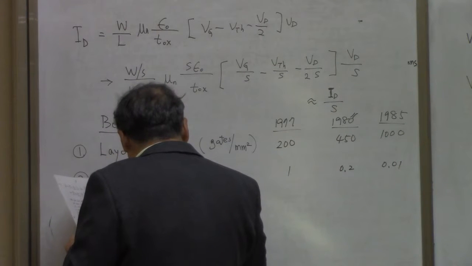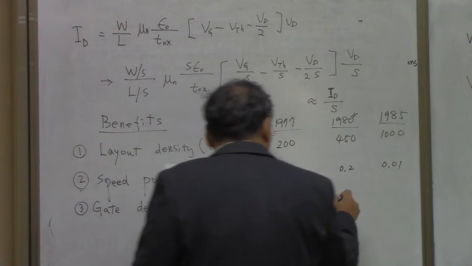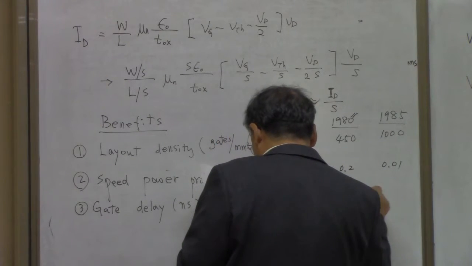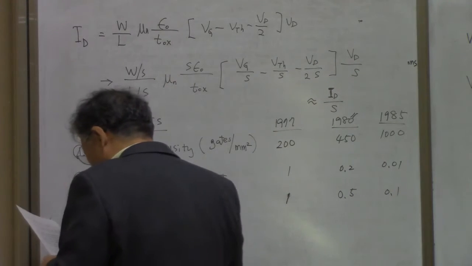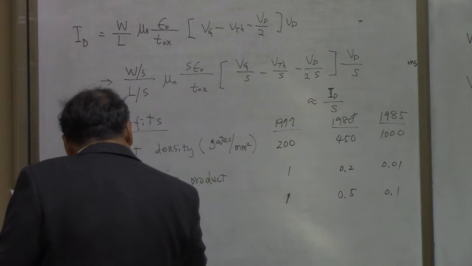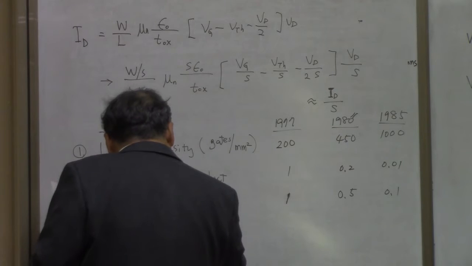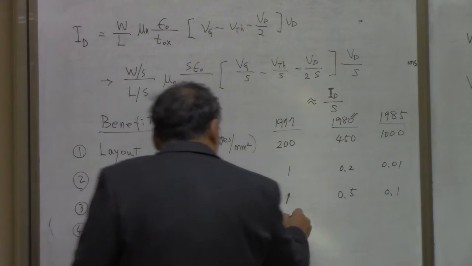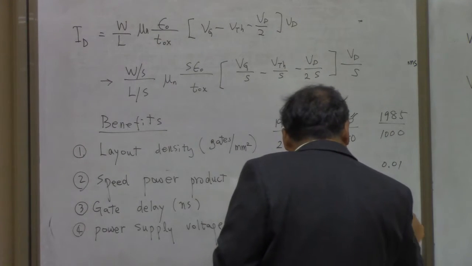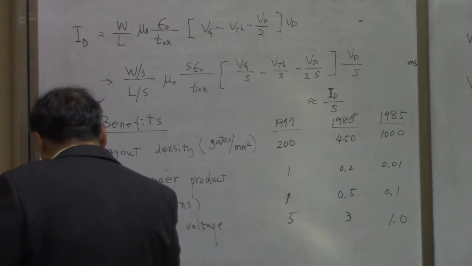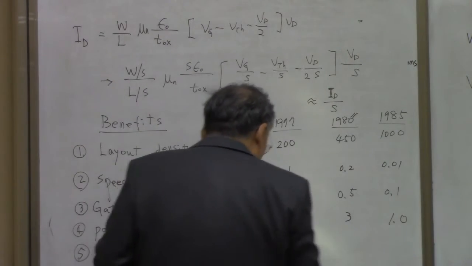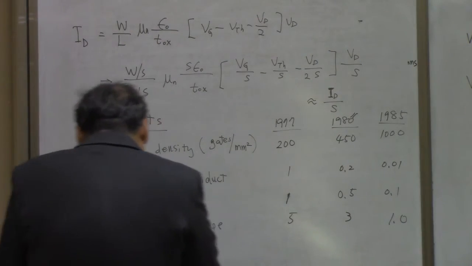Gate delay, 0.5, 0.1. Power supply voltage, 5 volts, 3 volts, and so on. Obviously, these days the power supply voltage is not going to go down to 1 volt. I think it's around 3 volts these days.